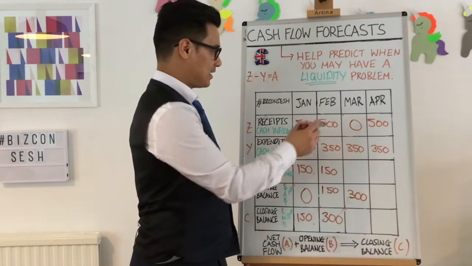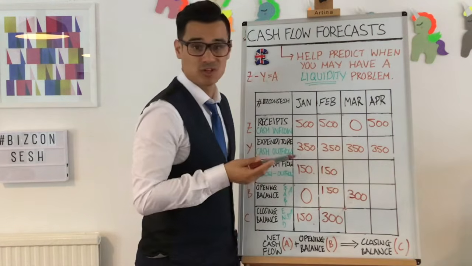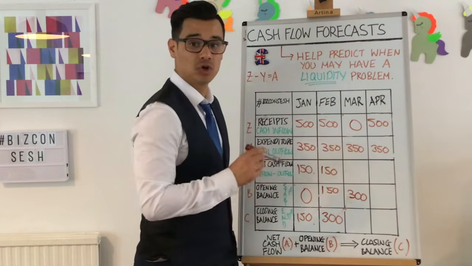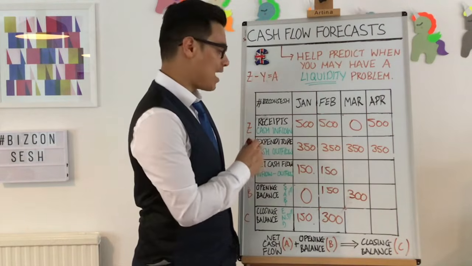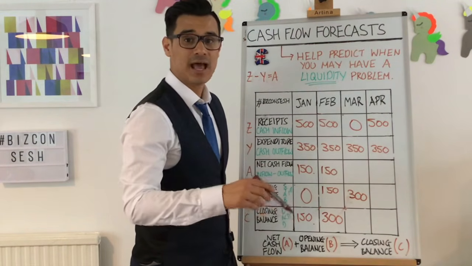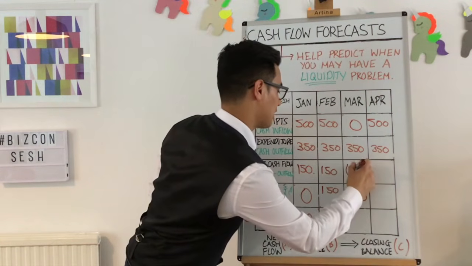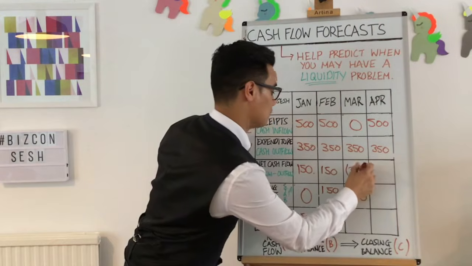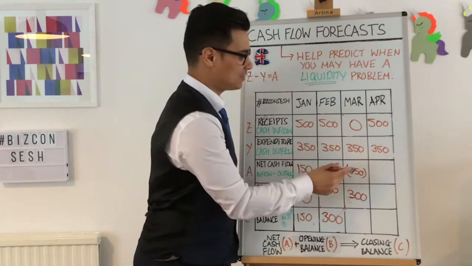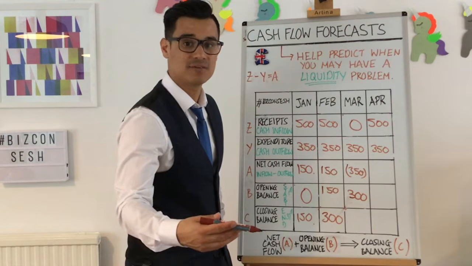And then we take it again, but this is different now for March. Your receipts were 0 because you're on holiday, but you still had to pay your costs of 350. So your net cash flow was minus 350, and it will go in brackets now because it's a negative number. So brackets 350. That's because 0 minus 350 is minus 350, goes in brackets because it's negative.